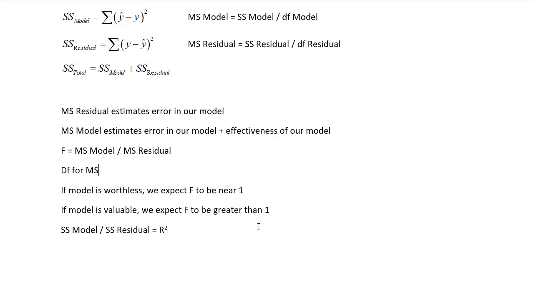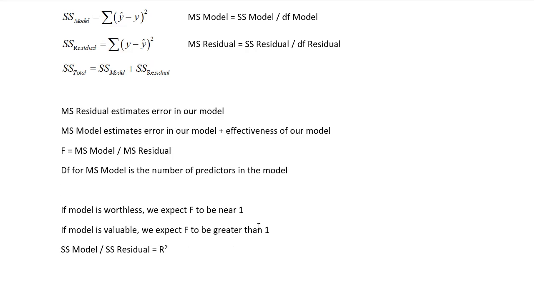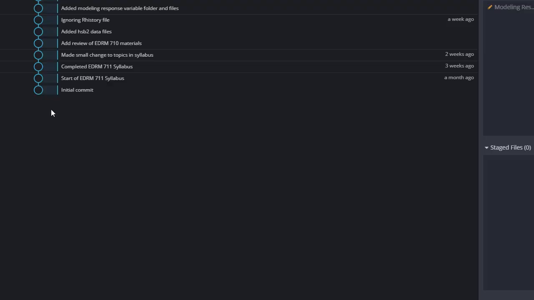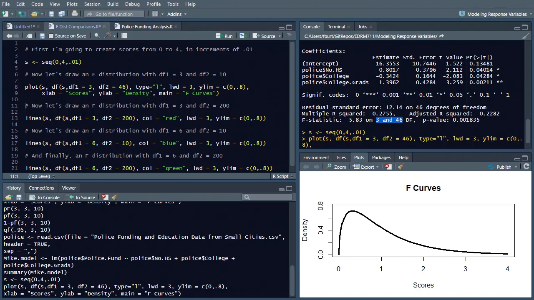Degrees of freedom for MS model is the number of predictors in the model. So let's look back here. How many predictors do we have? We have 1, 2, 3. No high school, college, and college grads. So there is 3 degrees of freedom.